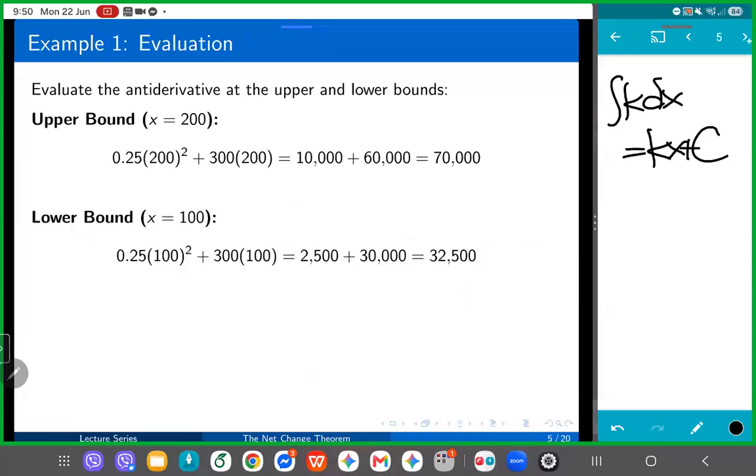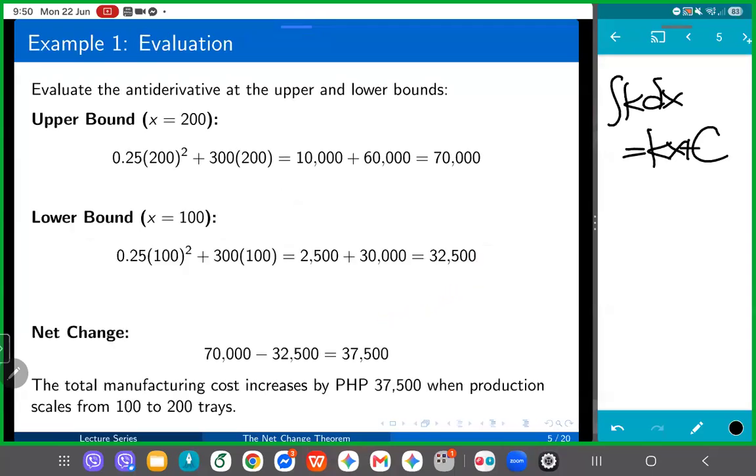And you take the difference to get the net change. If you subtract the lower limit value from the upper limit value, you'll get 37,500 as the difference. That's the net cost in PHP, Philippine peso.